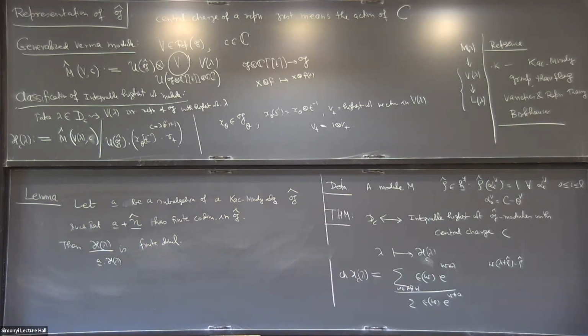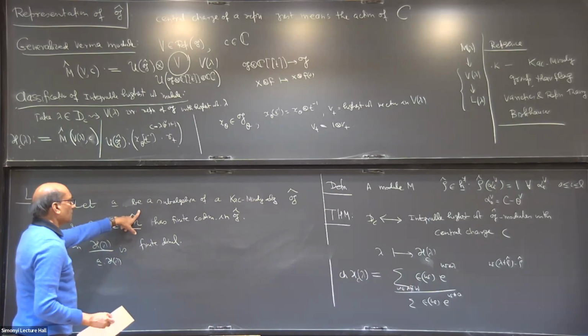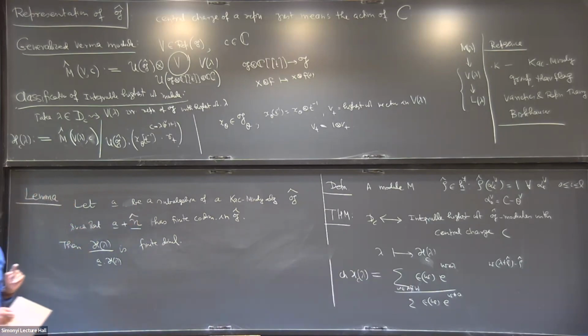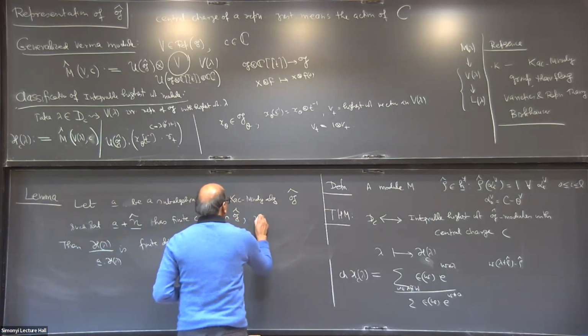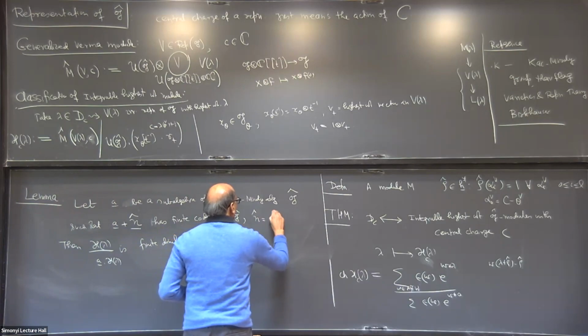So this is some general lemma, which let me again say: let A be a subalgebra of a Gauss-Moody algebra G hat, such that A plus n hat has finite codimension in G hat. So n hat is the nil radical of B hat.